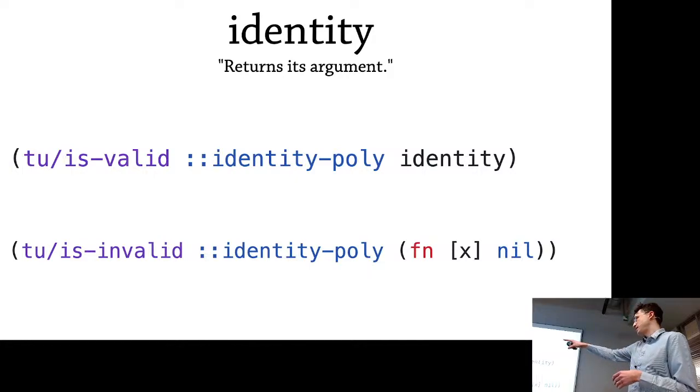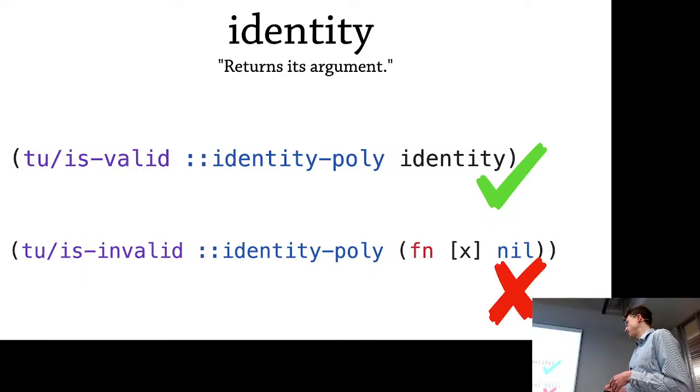This is saying that the identity function is of this spec, and that this function that returns nil all the time is not. If you've used spec before, you'll know that this is different from any to any. This tells us that the library has checked whether it returns its argument.